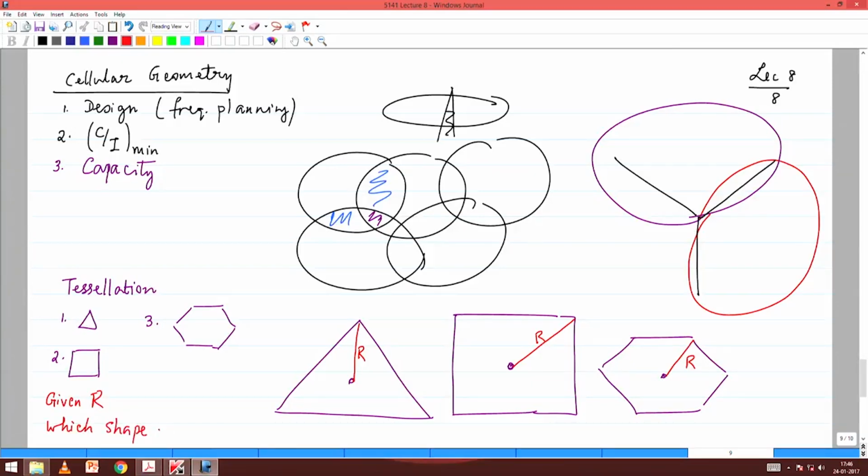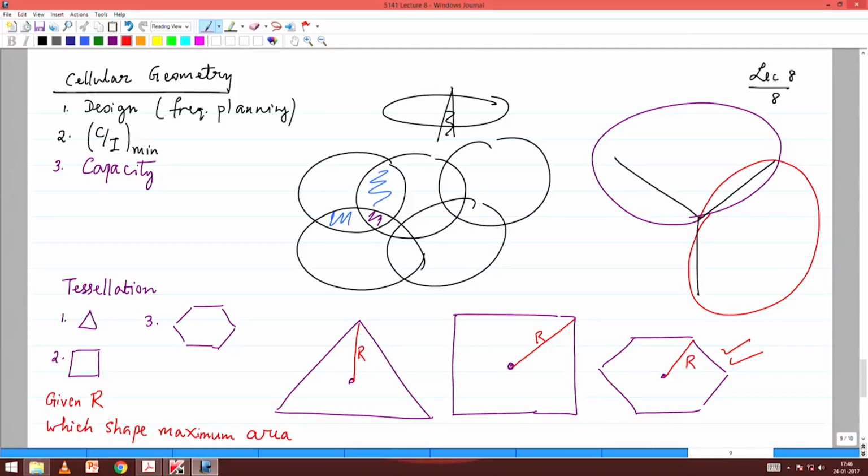Which shape maximizes area? Why is that a constraint? Because that will tell me how many cell sites I have to deploy, so I want the maximum area. And it turns out that the hexagon will win. You can do a simple calculation, and we will assume that you are comfortable with this conclusion.